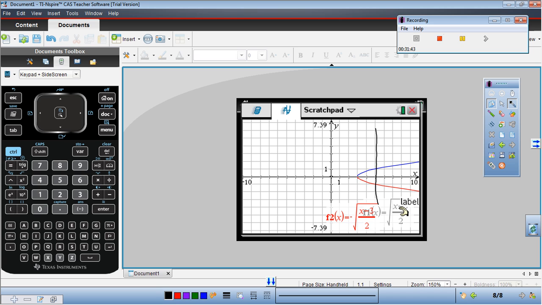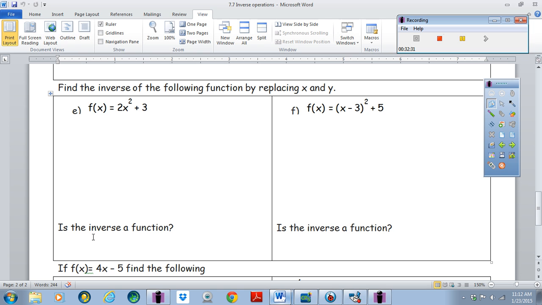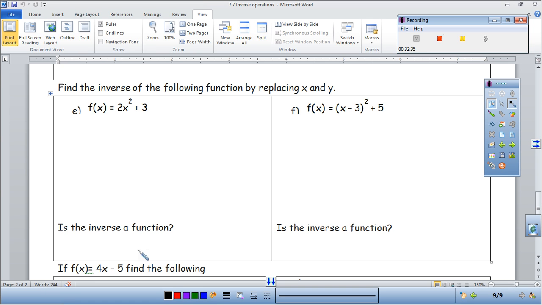Okay, try the next one on your own. The inverse is not a function. Another way you'll notice without having to graph it is if it has a square root in it, it's not a function. Square roots are not functions.